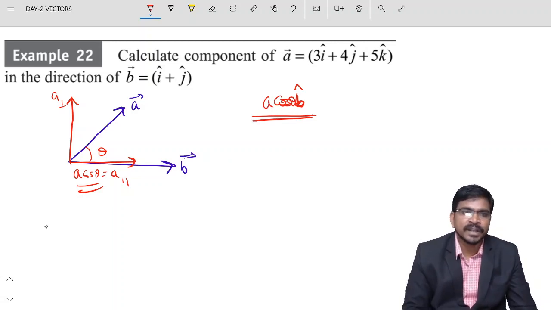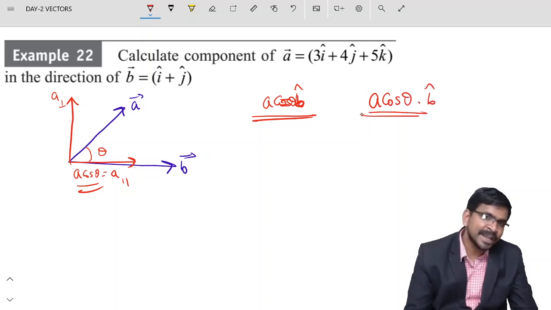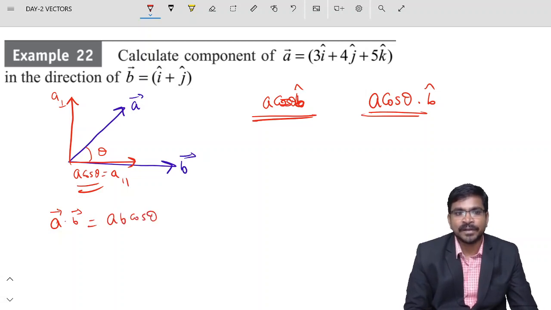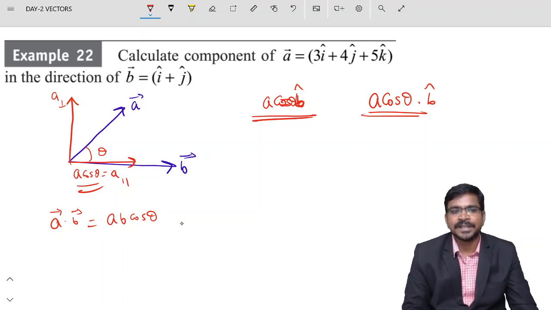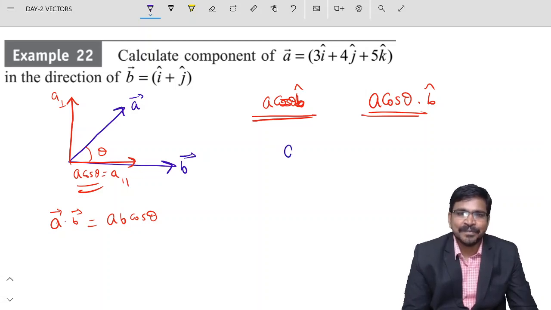Right? So I want a new vector, that is A cos theta in which direction? B direction. So how can I get A cos theta? If I do A dot B, that is AB cos theta, from this I can write A cos theta as A dot B by B magnitude, into B direction.